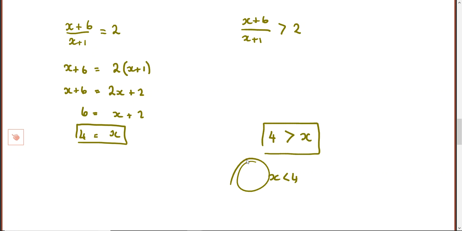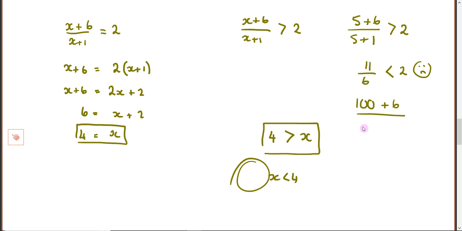Wouldn't x also be able to be greater than 4? Say for example you put 5 in. Then (5 + 6)/(5 + 1) needs to be greater than 2. Is it? 11 divided by 6 is definitely less than 2. And what's (100 + 6)/(100 + 1)?